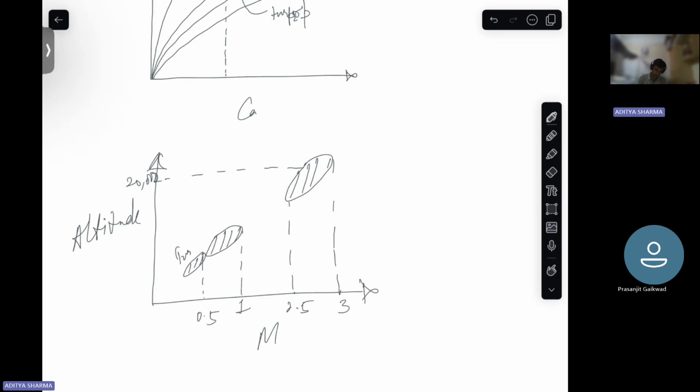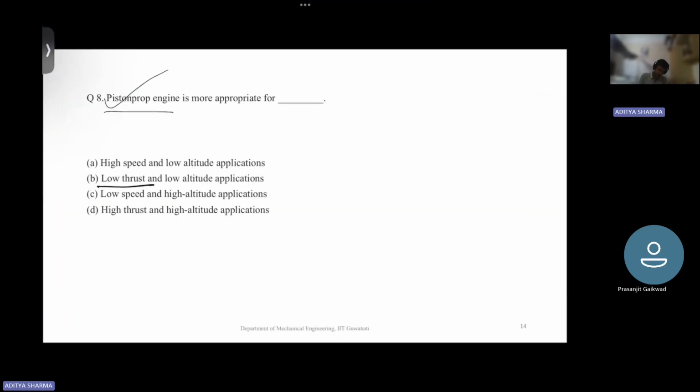So this is your turbo prop. So this says that the piston prop engine is more appropriate for one of the four options we have.